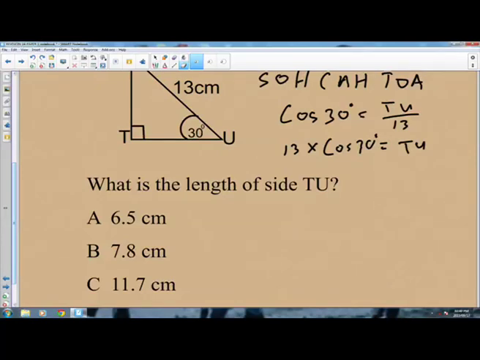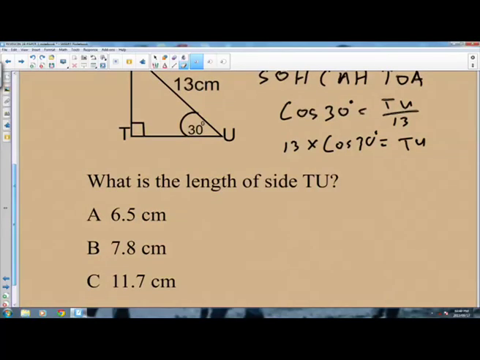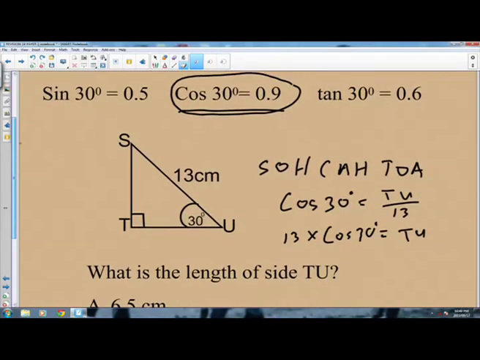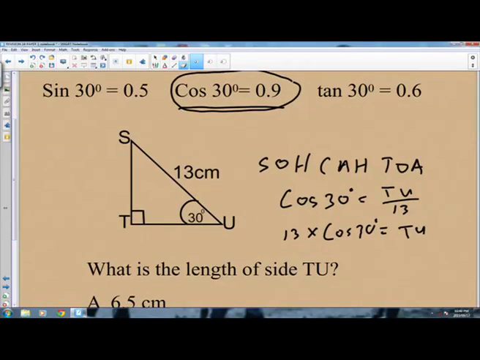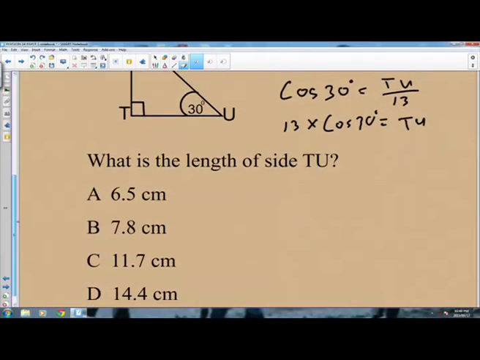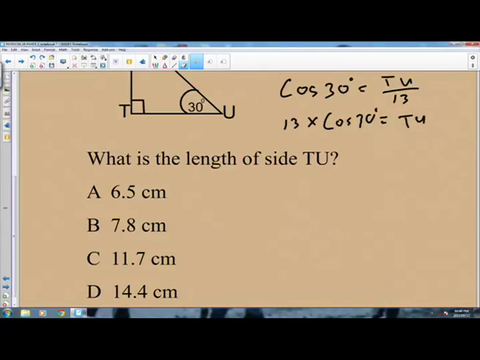The side TU is given as 13 times the cos of 30 degrees. And the cos of 30 degrees, as per the given information, is 0.9. So we'll use the information 0.9, which is the cos of 30 degrees. Meaning, we will have 13 times 0.9, giving us TU.